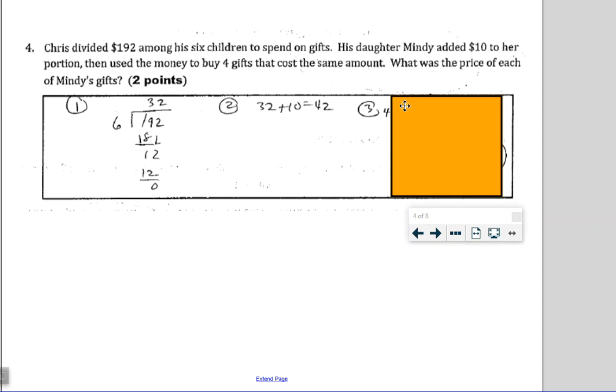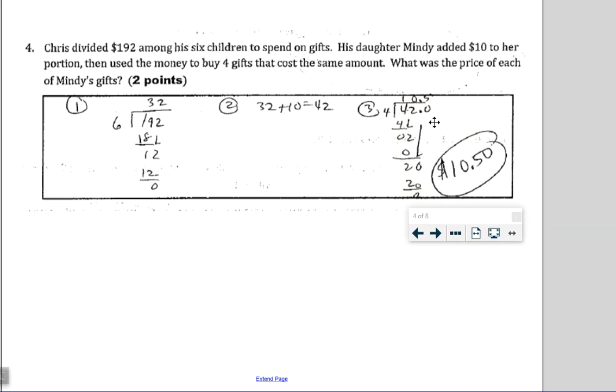So we divide that 42 by 4. If you go through your long division or your standard algorithm, you end up with 10.5, which we know in money is really $10.50. So that's how much she spent on each of the gifts, $10.50.